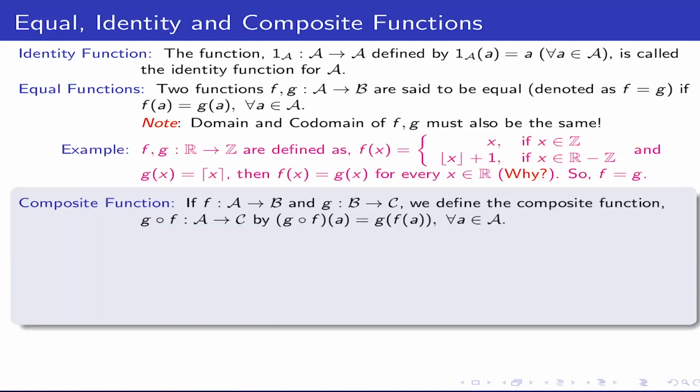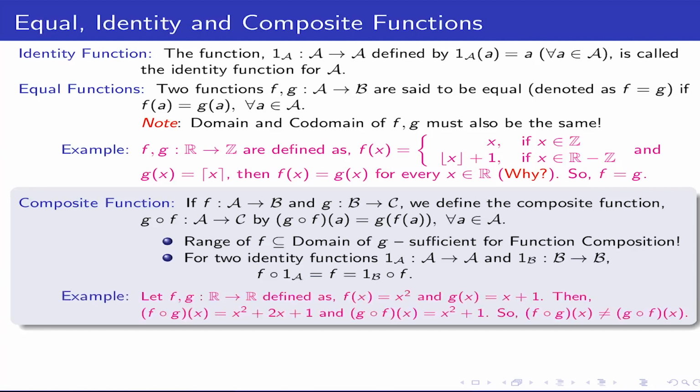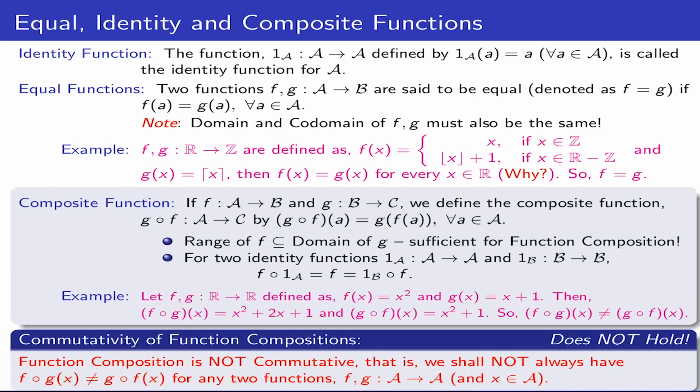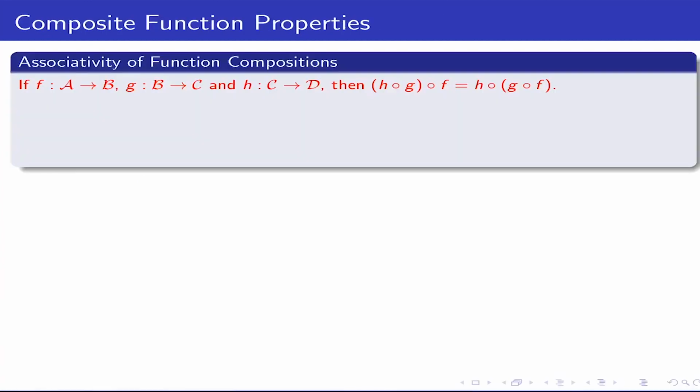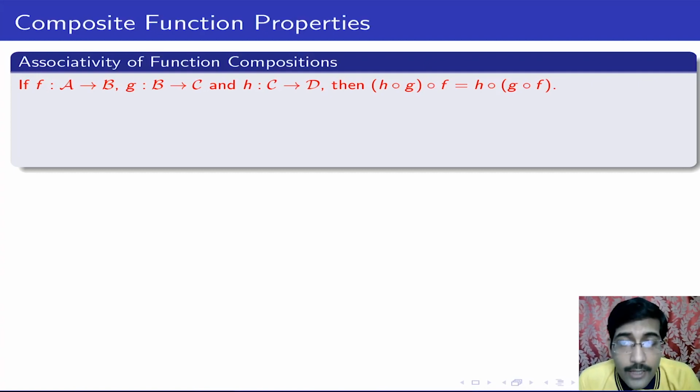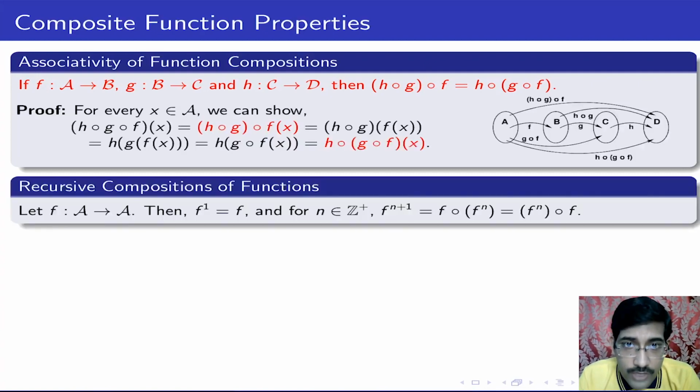With that in the background, we started to define composite functions, which are compositions of more than one function together. We have seen that the composite function does not follow commutativity in general, whereas it follows associativity; that is, you can compose a set of functions by bracketing in any position.